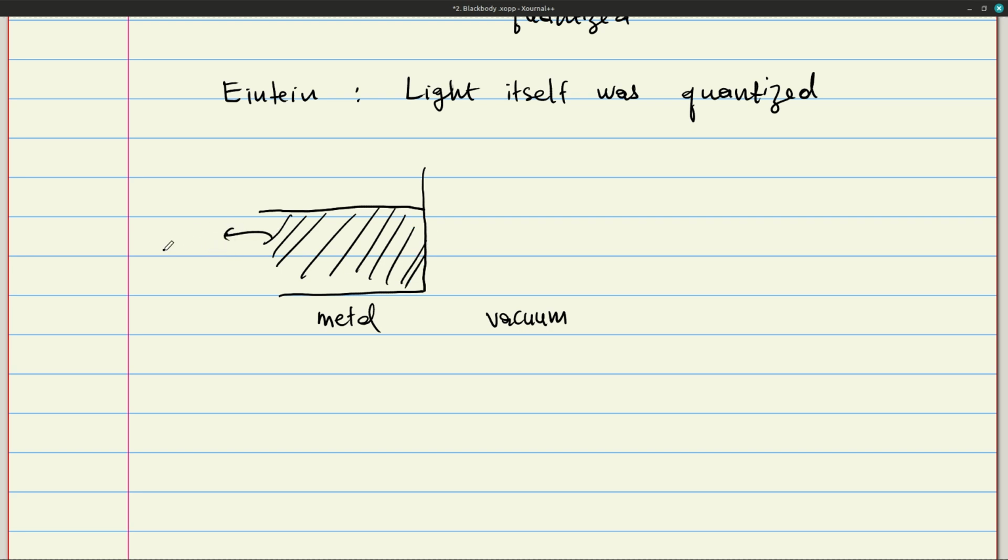So these are electrons, and okay, so this is vacuum. So this is the energy, and this is E equal to 0. To free up an electron, you need to take this electron and break it up from the metal. To break it up, Einstein modeled this with something called the work function.